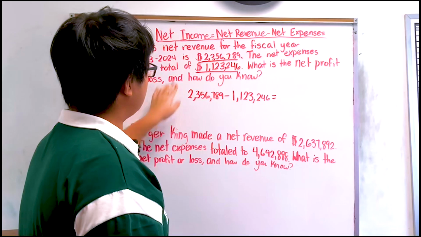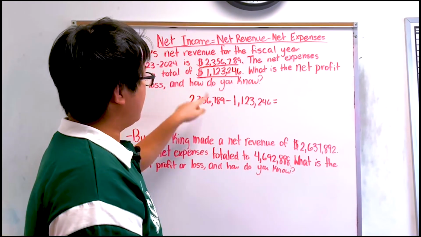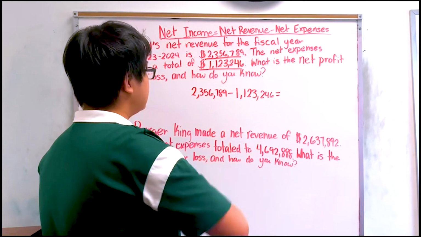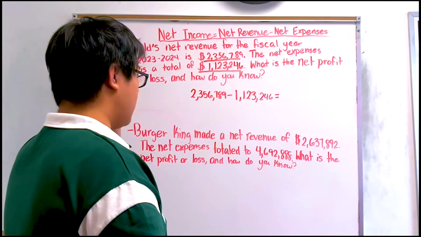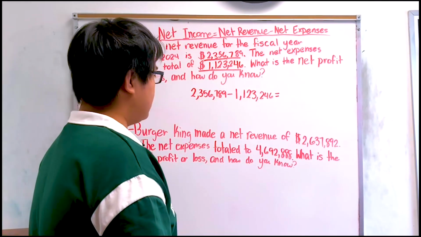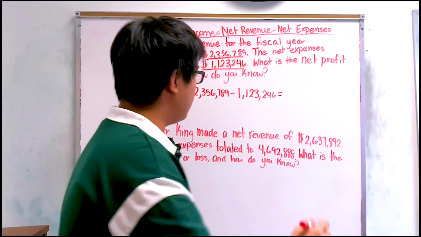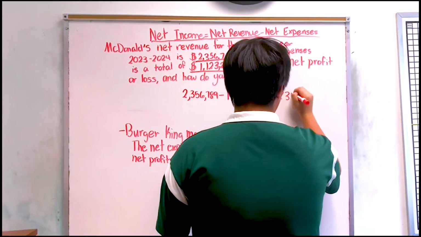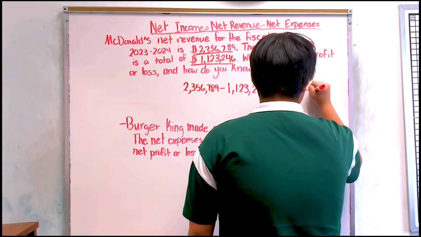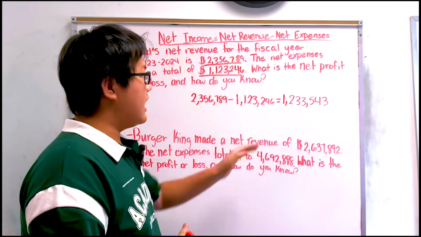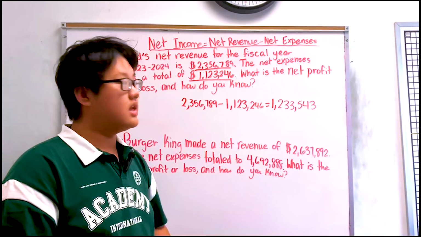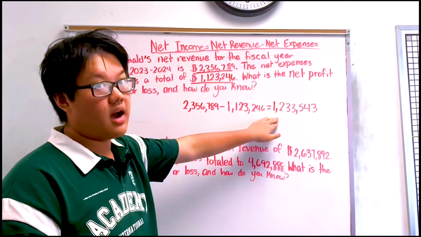So we use the equation of net revenue minus net expenses, and we have $2,356,789 minus $1,123,246. This would equal $1,233,543. So our net profit is $1,233,543. And we know this is a net profit because this is a positive number.